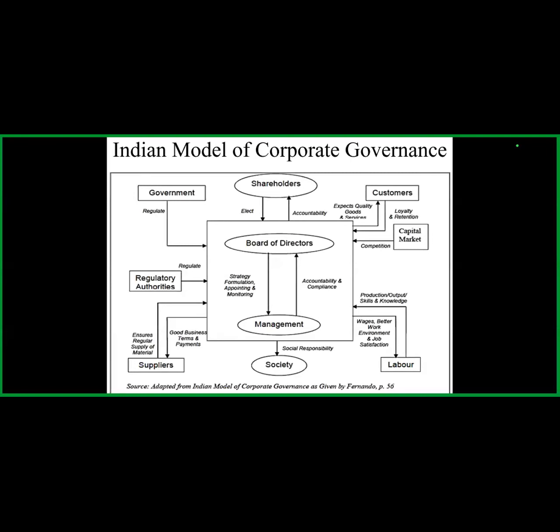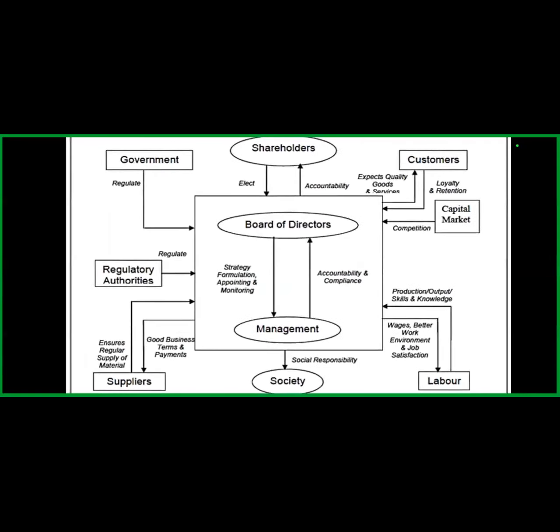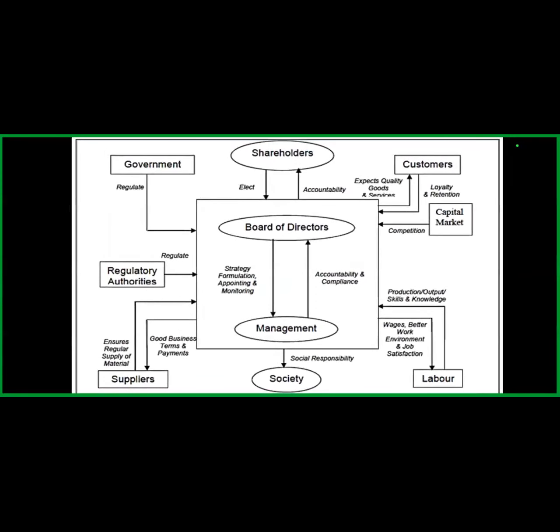So regulating authorities are there to ensure that everything is regulated, right? They have mentioned in detail what they will be regulating. For example, suppliers should supply the raw material regularly, and in return they should get their payments regularly.